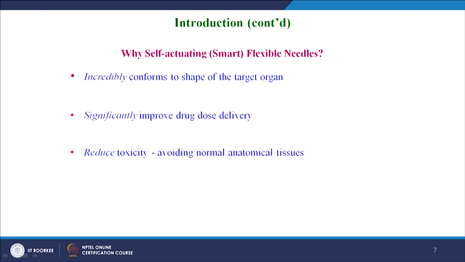Why self actuating or why smart needles? Smart needles are what? They have the self actuating capability. This is a rigid needle.